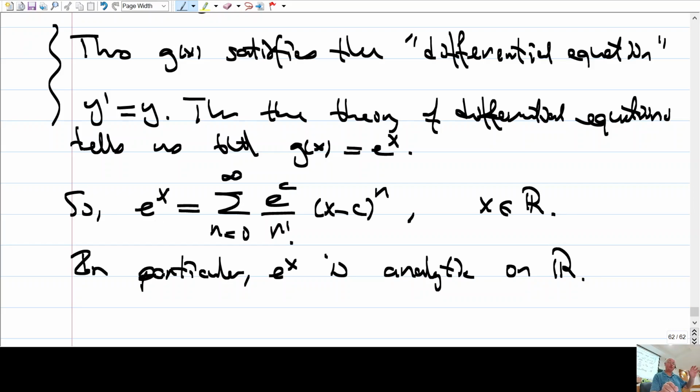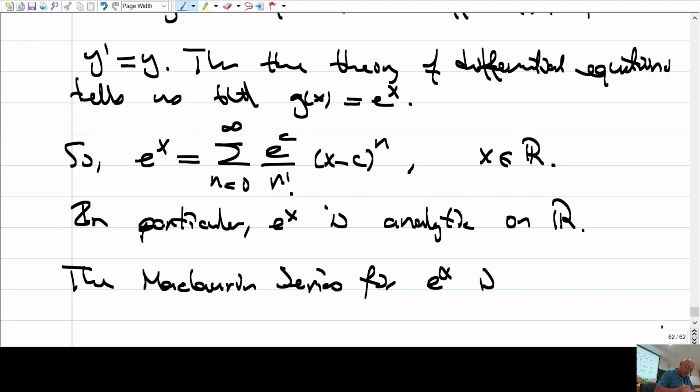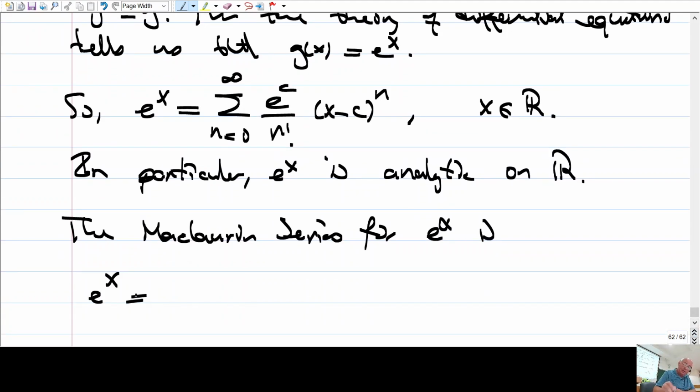Right? e to the power x is equal to its Taylor series on the whole real line, and you can take the Taylor series around any point you want. You can take it at zero, at 1, at 2. For example, what will the Maclaurin series for e to the power x be? We plug in c equals 0. When you plug c equals 0, e to the power 0 is just 1.